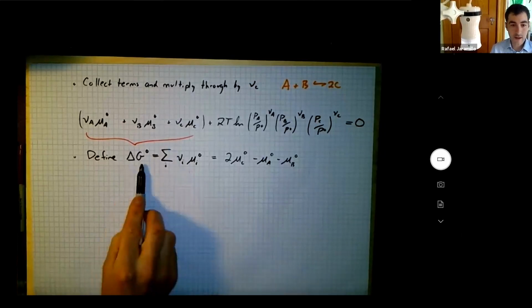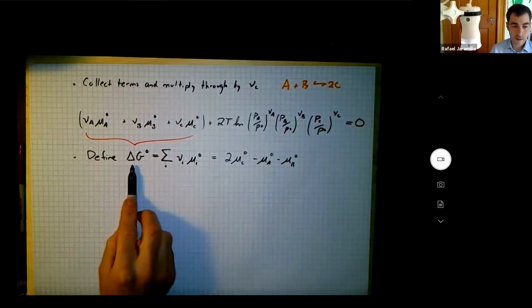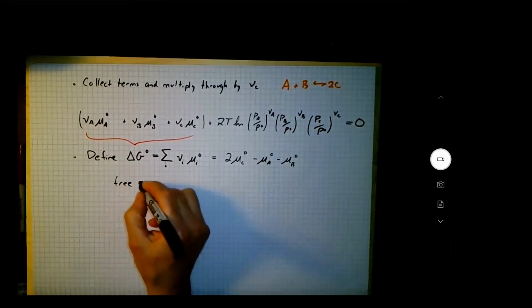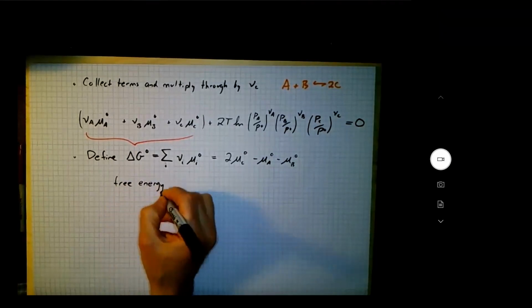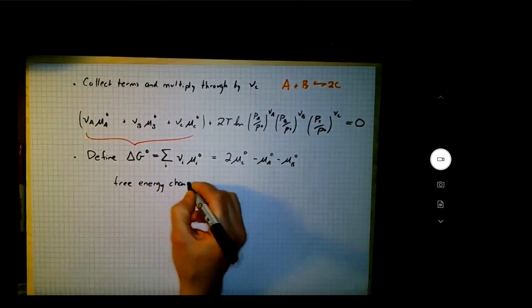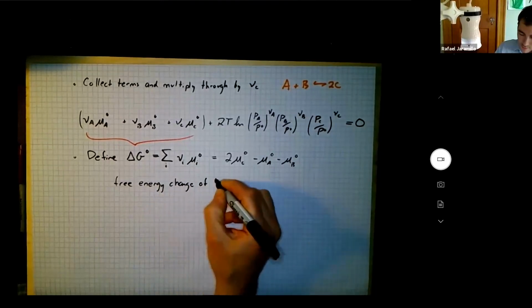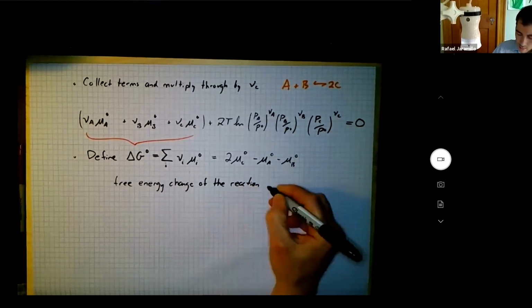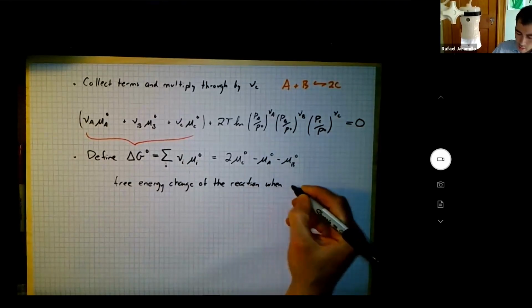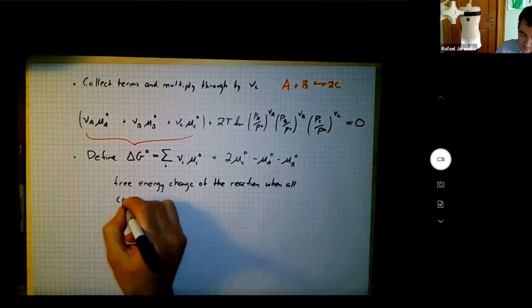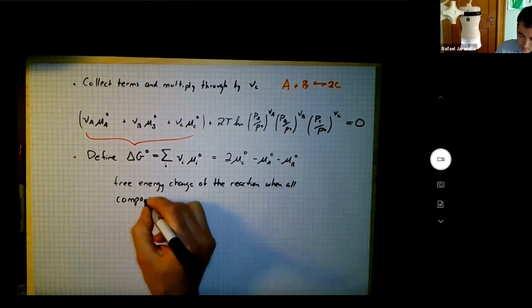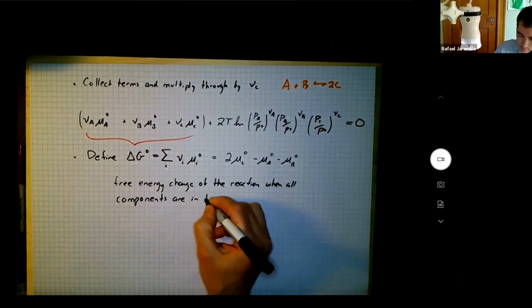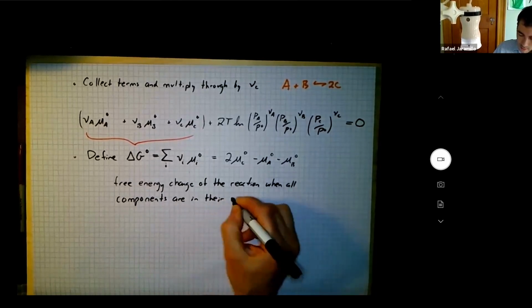So what is this thing? It's the free energy change of the reaction when all components are in their standard state.